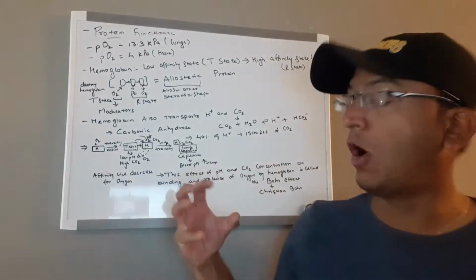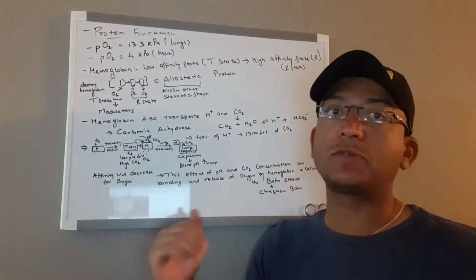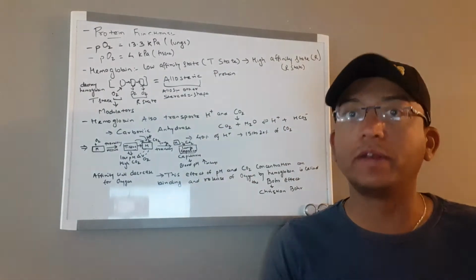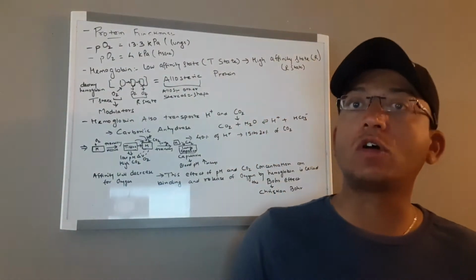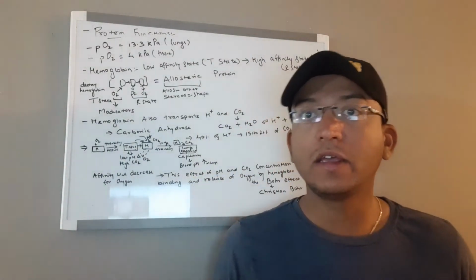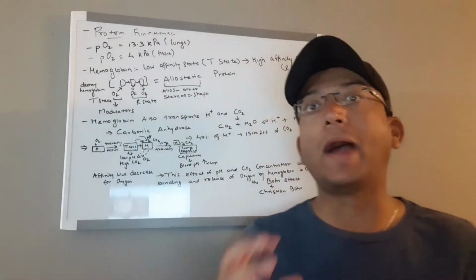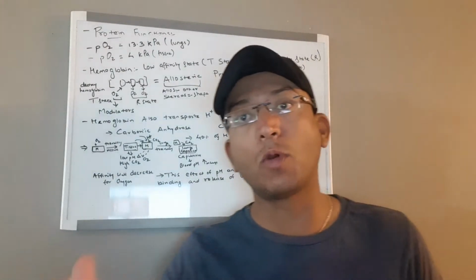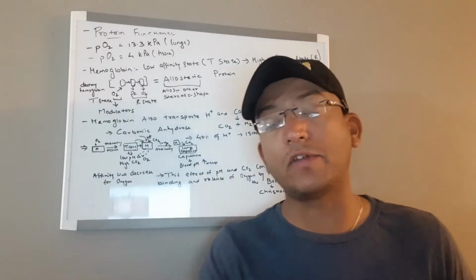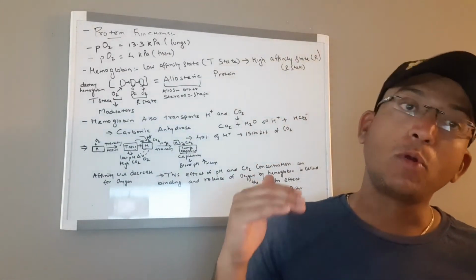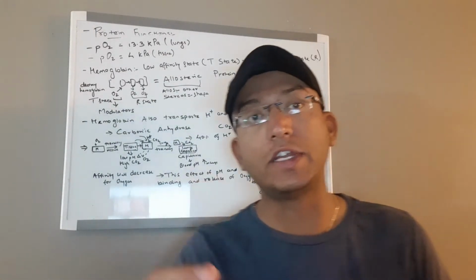Both the oxygen and the proton H plus are bound by the hemoglobin, but with inverse affinity. When the oxygen concentration is high, as in the lungs, hemoglobin binds oxygen and releases protons. But when the oxygen concentration is low, as in the peripheral tissues, protons are bound and oxygen is released.